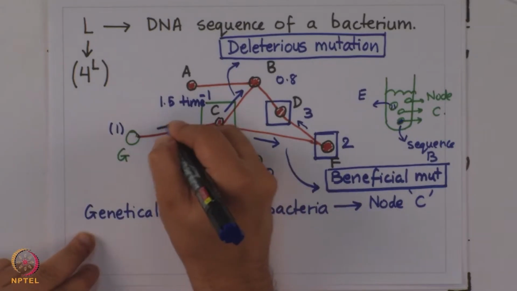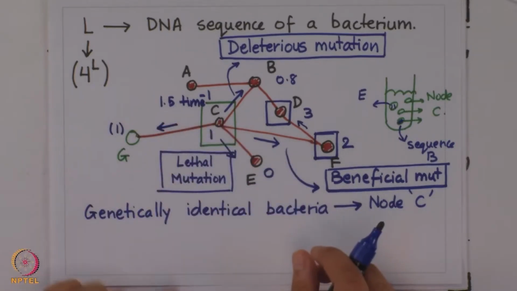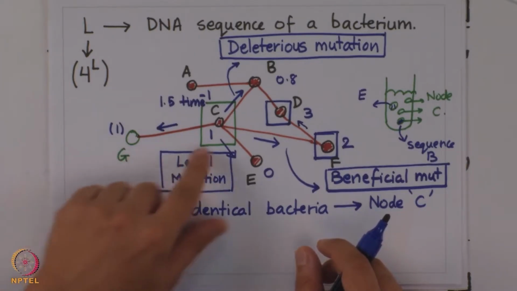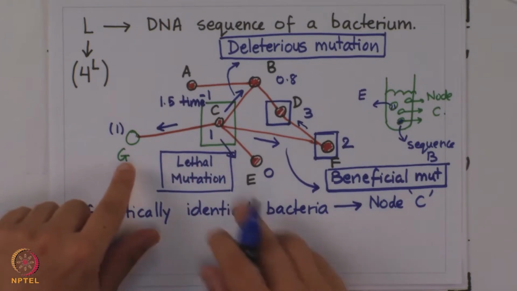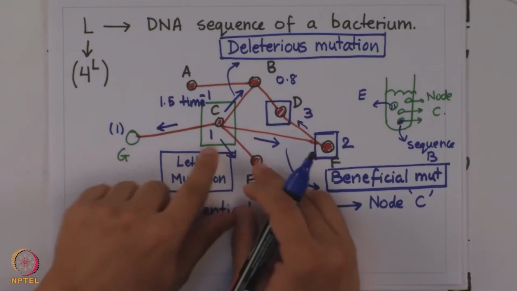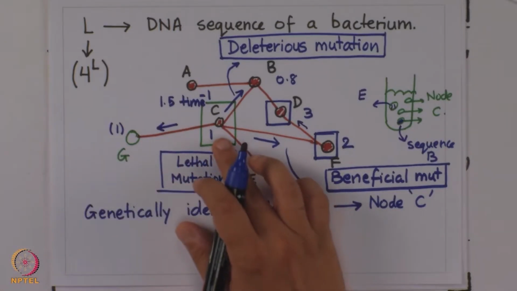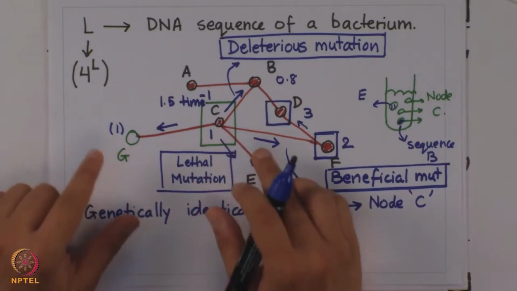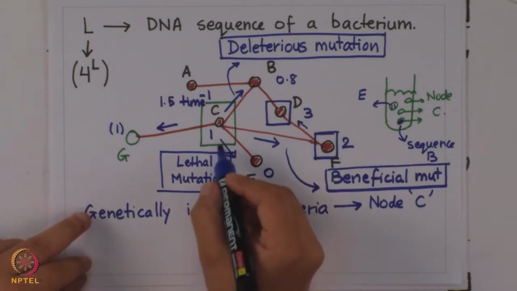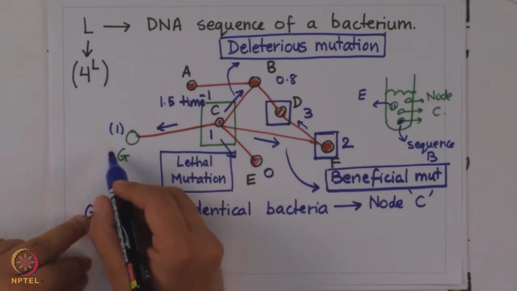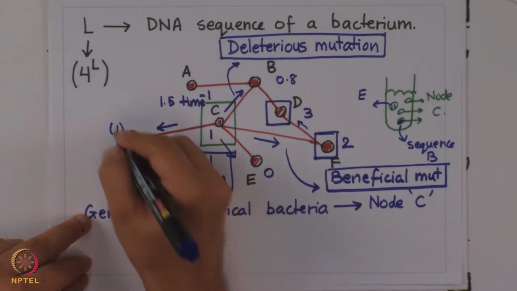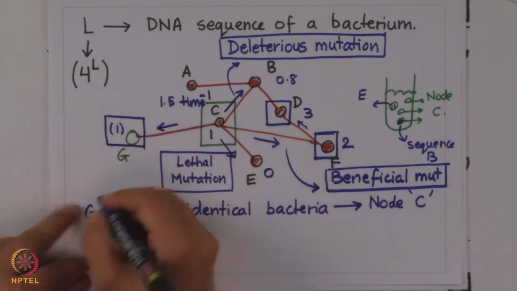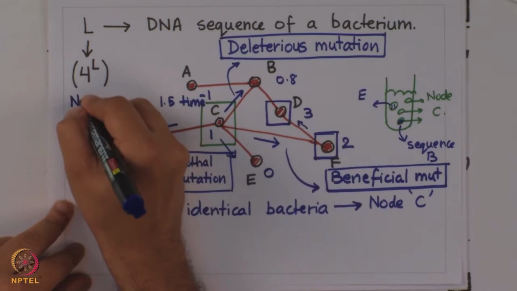Should this mutation happen, you have an individual in the population which is growing at the same rate as the parent genotype, but this mutant is genotypically distinct from the parent genotype it came from. So these are genotypically non-identical but phenotypically identical, and a mutation that does not lead to a change in the fitness associated with the growth of the organism is said to be a neutral mutation.